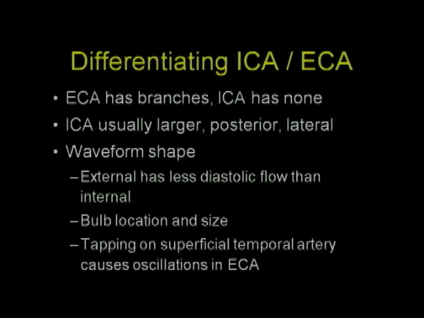Many people have relied on the use of the superficial temporal artery tap. I would caution you that this can be tricky and you can sometimes be fooled by the presence of oscillations that occur with tapping of the temporal artery. Sometimes you can see these oscillations within the internal carotid artery. So I would recommend that you stay away from the temporal artery tap to help distinguish the internal from the external carotid artery.